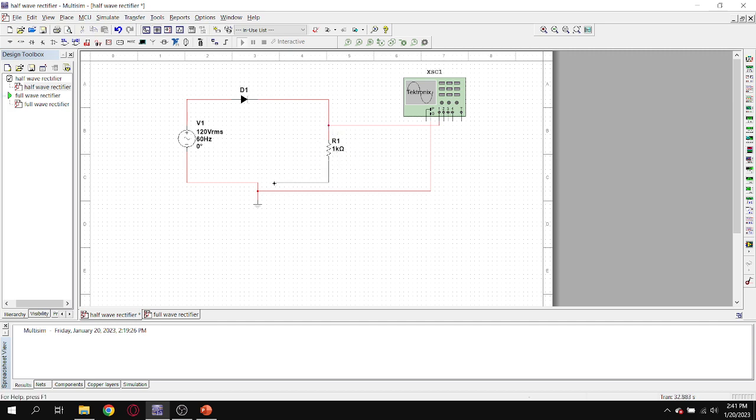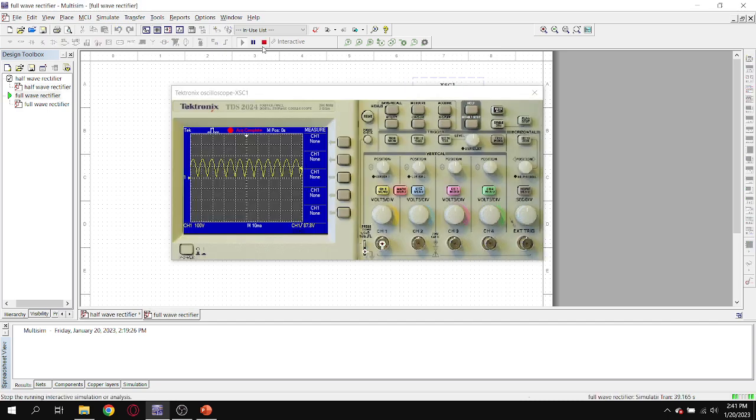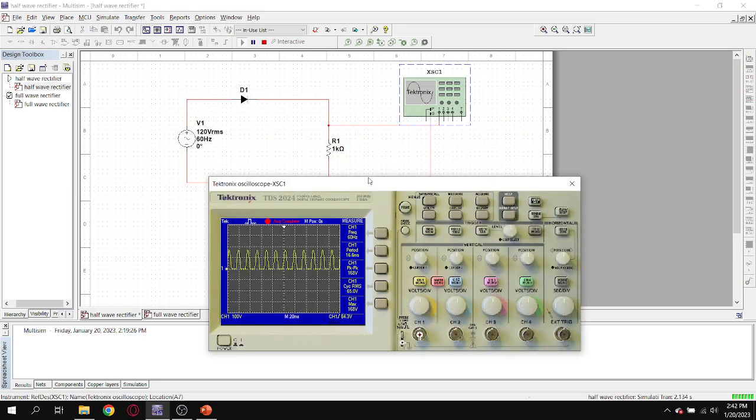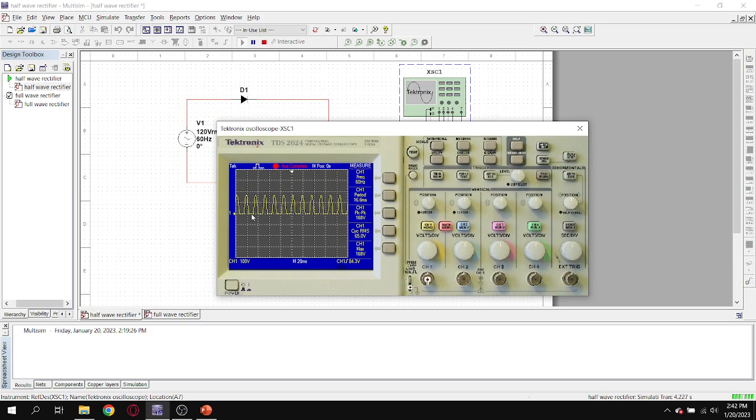In the half wave rectifier, the waveform is basically like this. It peaks and it turns down to zero for some time, and then it peaks to maximum voltage again, and then it turns down to zero for some time here.